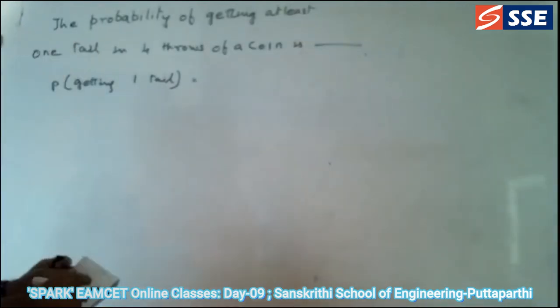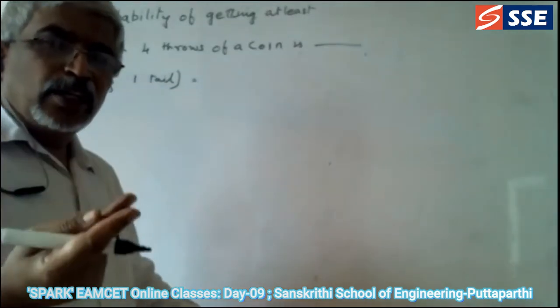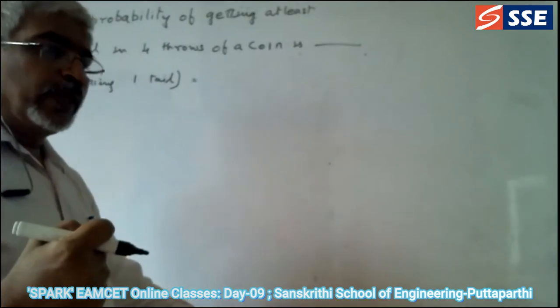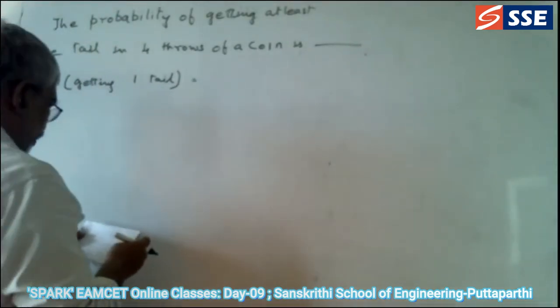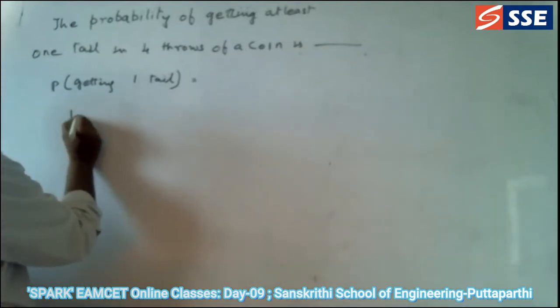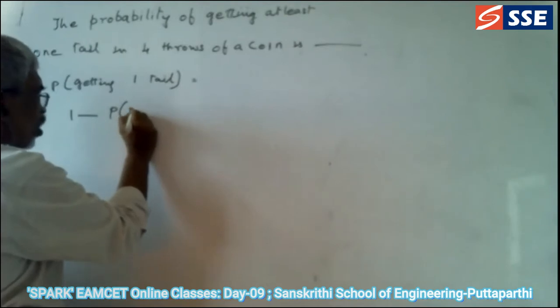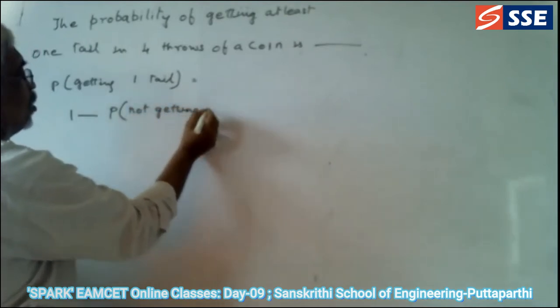In one throw, getting a tail is 1/2. In the second throw, it is 1/2. Third throw, 1/2. Like this it goes on. But what we are doing is equal to 1 minus the probability of not getting a tail.